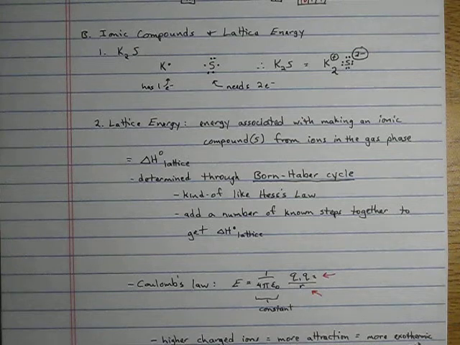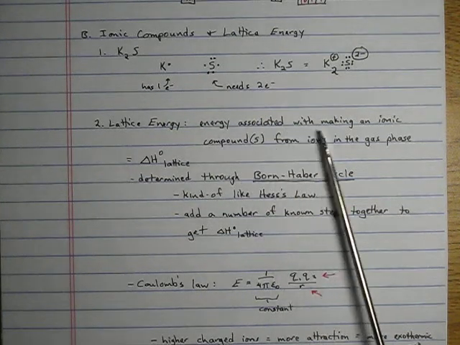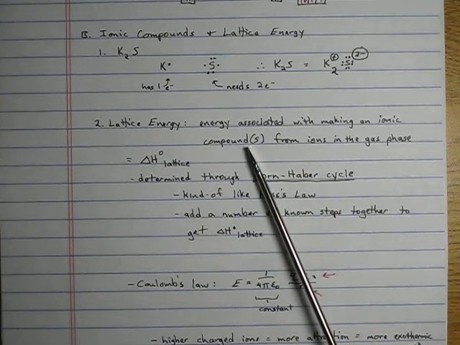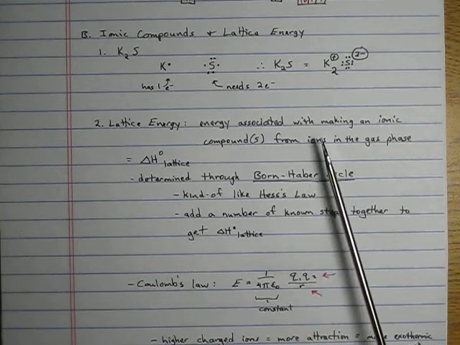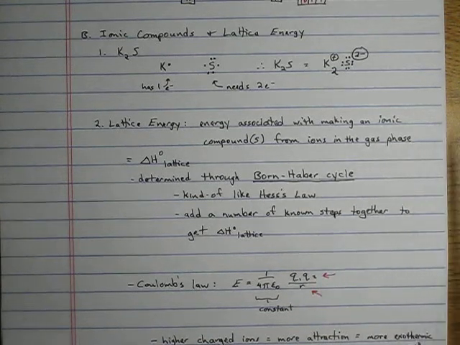When we look at ionic compounds, there's a concept called lattice energy that really tells us how stable these ionic compounds are. It's defined as the energy associated with making an ionic compound from ions in the gas phase. Note that is not how you normally make ionic compounds.